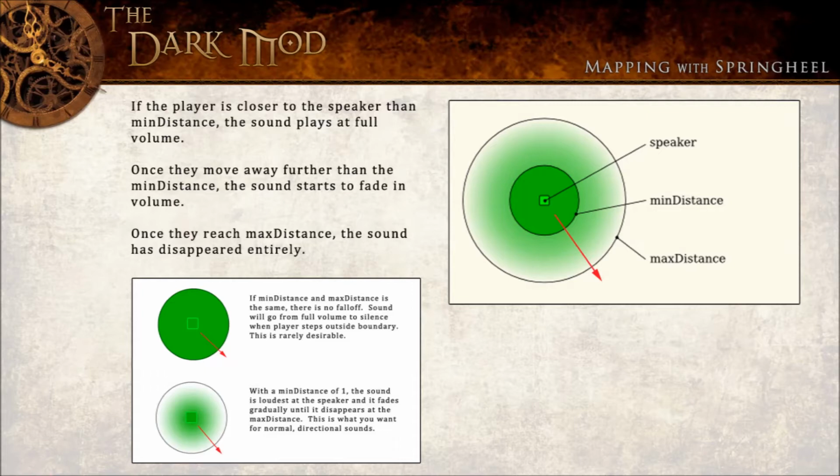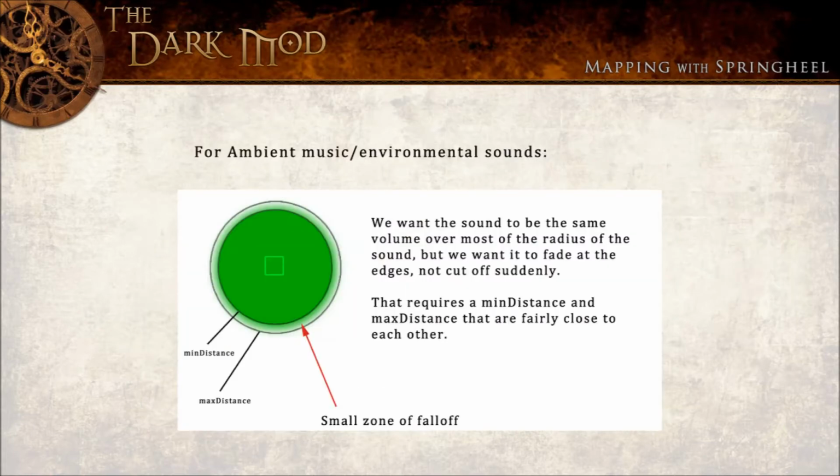Most sounds default to a min distance of 0 or 1, and so the sound falls off from the speaker to the max distance range, and that's usually what you want. But for ambient sounds, you don't want there to be a specific point that the sound is coming from. So we're going to give the cricket sound a larger min distance.